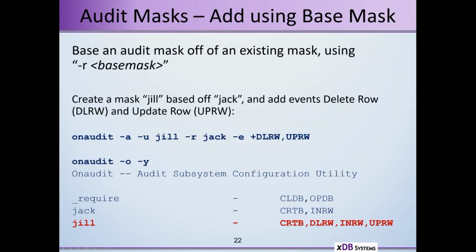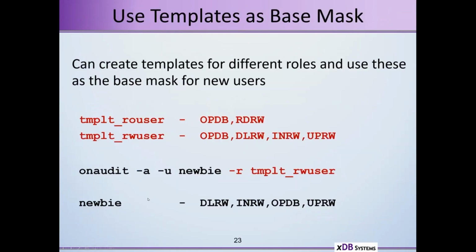And then we look at the audit mask. We now see Jill added. Jill now has Jack's audit events plus a couple of others, and we also know that we'll be auditing what's in _require.